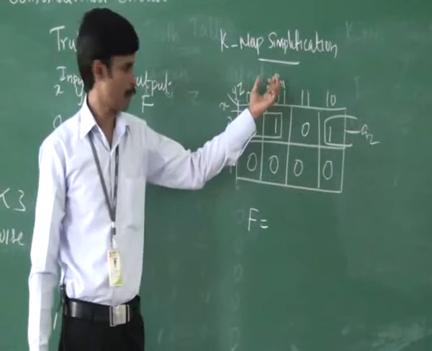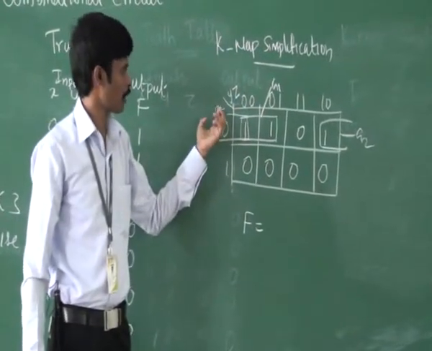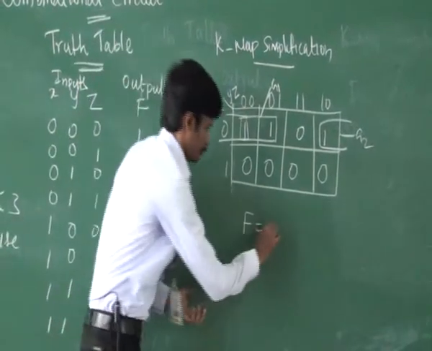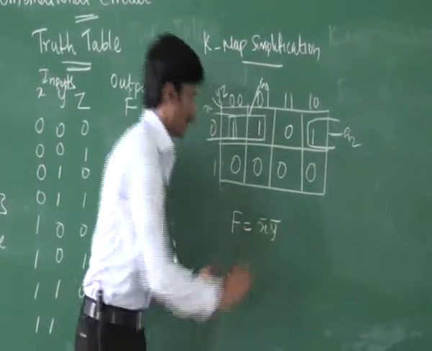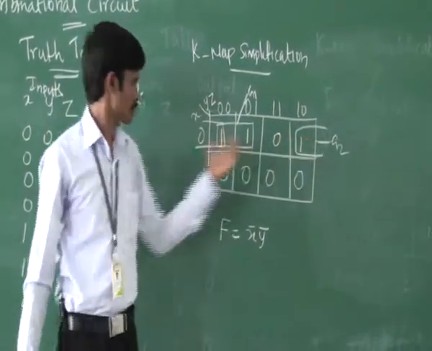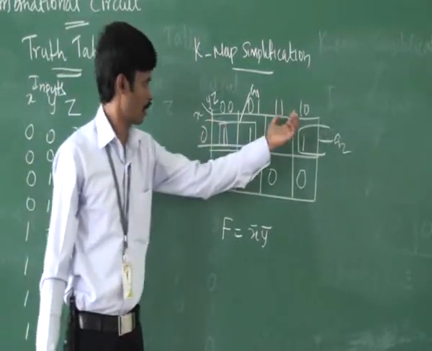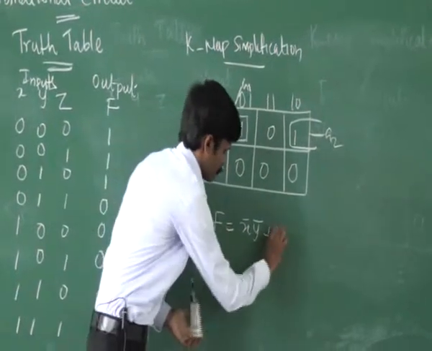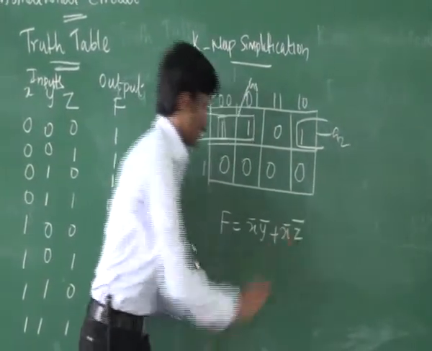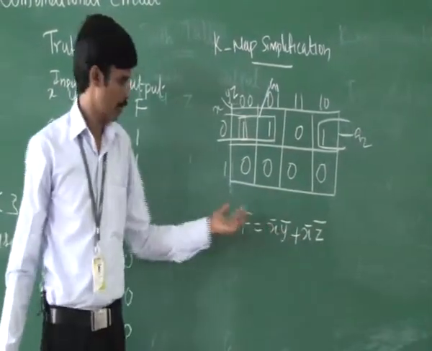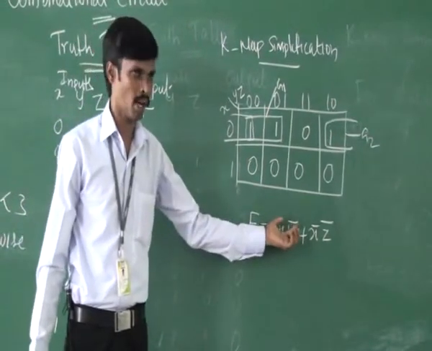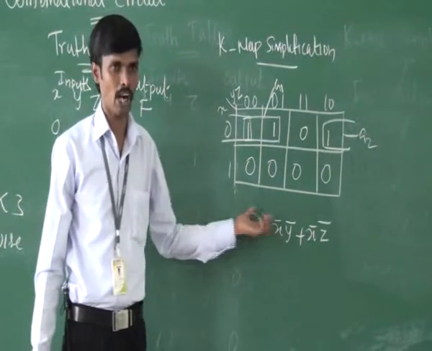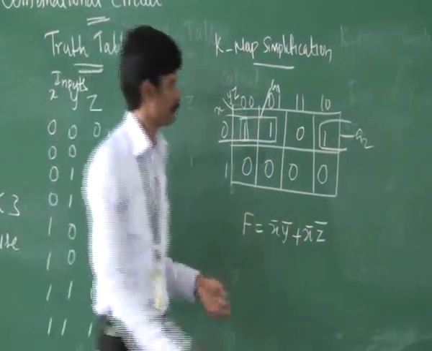The first group represents X bar, Y bar, which eliminates the variable Z. The second group represents X bar, Z bar, which eliminates the variable Y. This is the required Boolean expression: F is equal to X bar Y bar plus X bar Z bar. Then by using this Boolean expression, we have to draw the logic diagram.